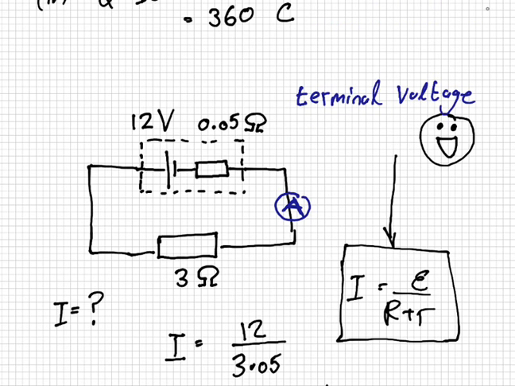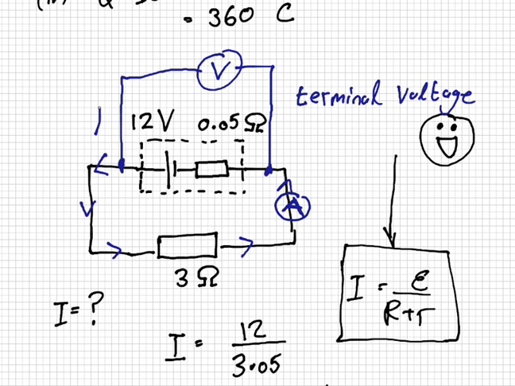Now watch. Terminal voltage means you put a voltmeter around the battery. Now wait. Think very carefully. What way does the current move in this diagram? To the left or to the right? Left. So the current goes this way.